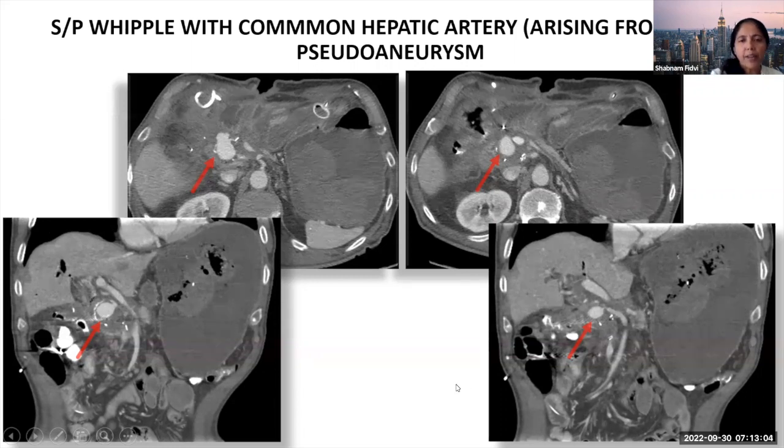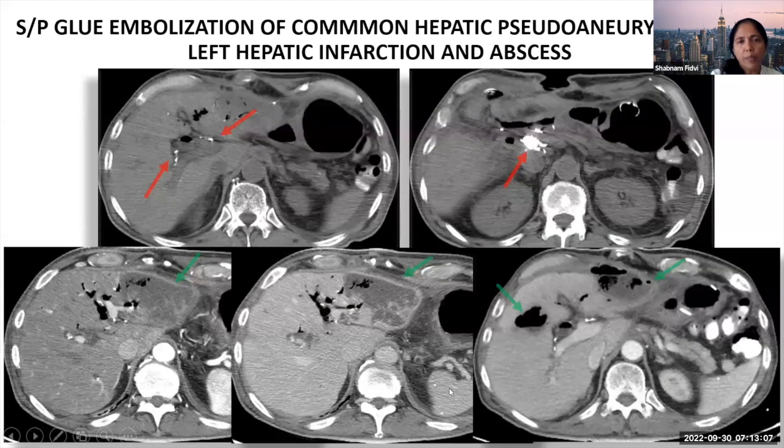Because of the size of the aneurysm, it was decided that the patient should undergo glue embolization. So the pre-contrast images on the upper panel show that the patient has been embolized. This is glue within the pseudoaneurysm. Some of the embolic material also propagated into the intrahepatic arterial vasculature, shown by the red arrows on the non-contrast image.